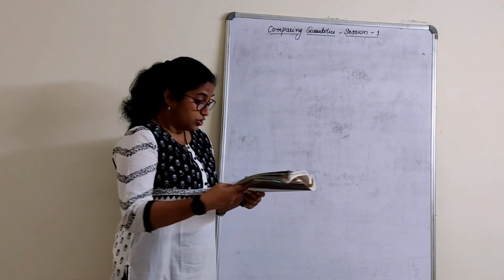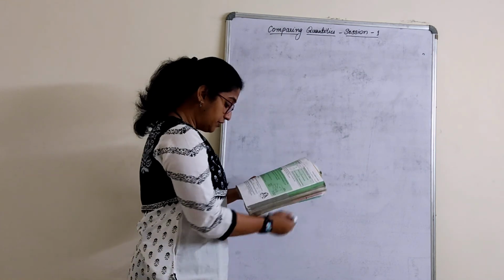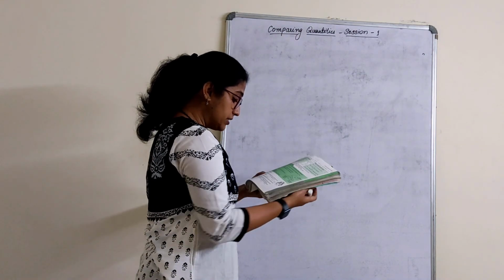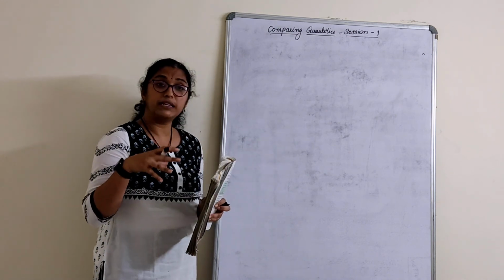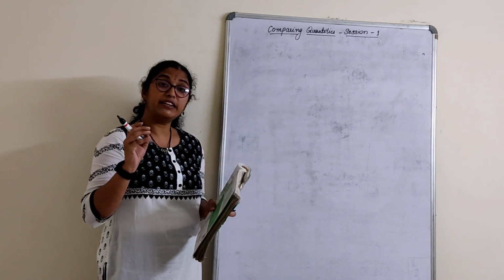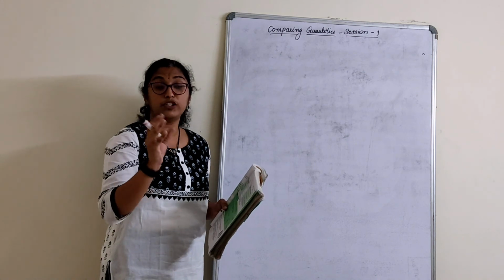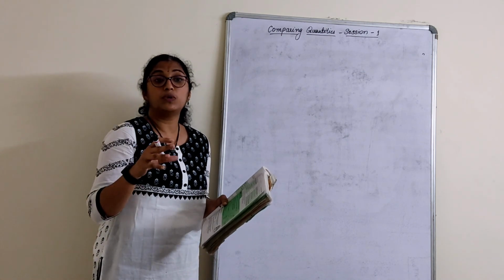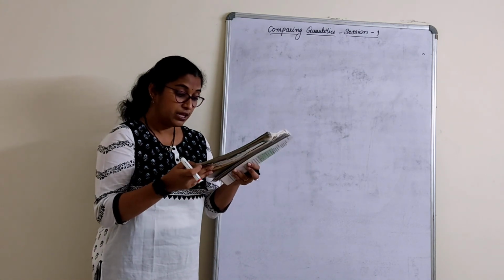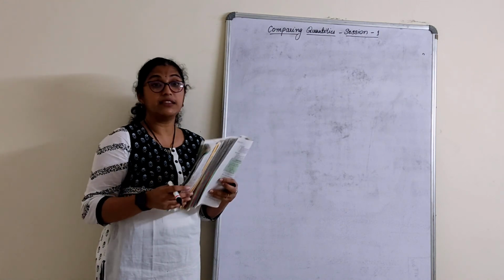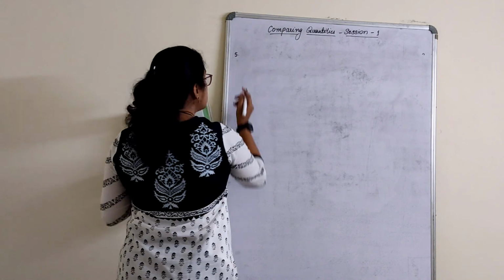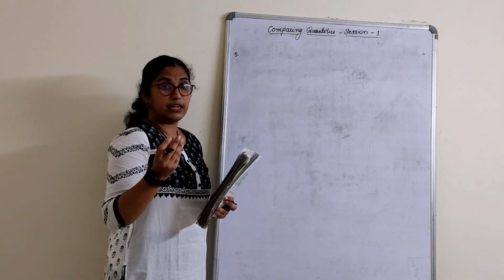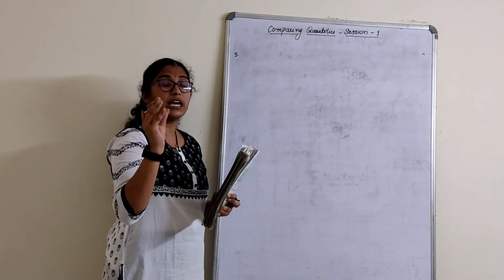Chameli had rupees 600 left after spending 75% of her money. That means she had some money with her. She spent 75% of that money. We don't know how much. How much was left with her? 600. How much did she have in the beginning? That is what we have to know. So let us assume that she had 100 rupees with her in the beginning.